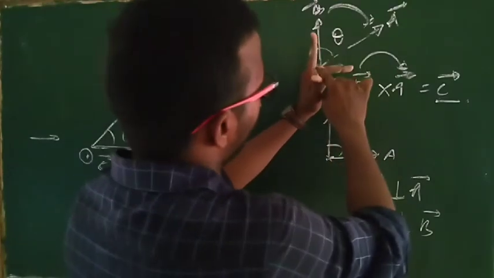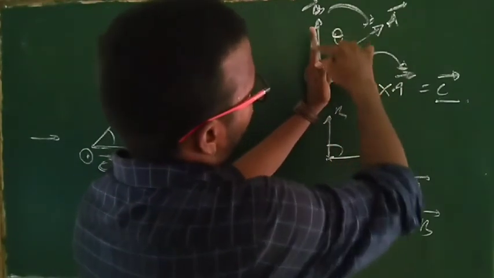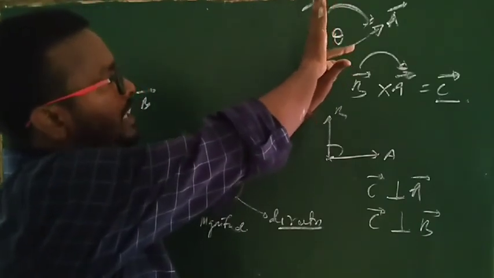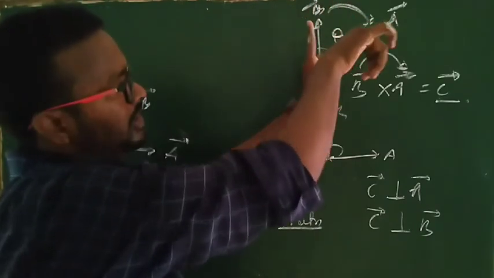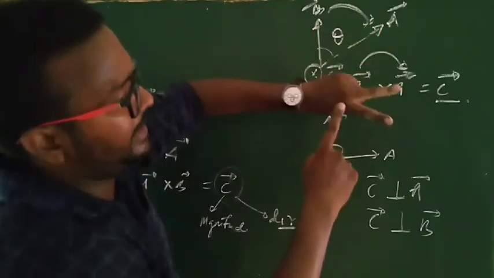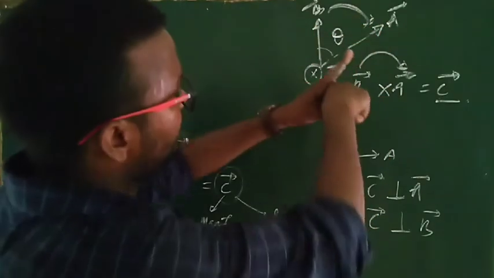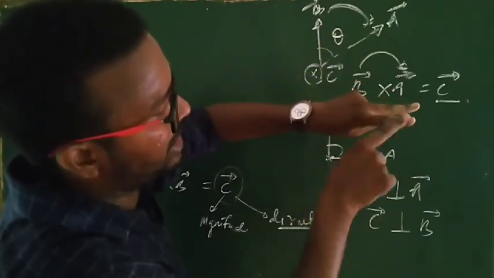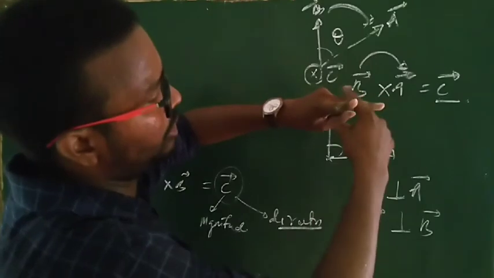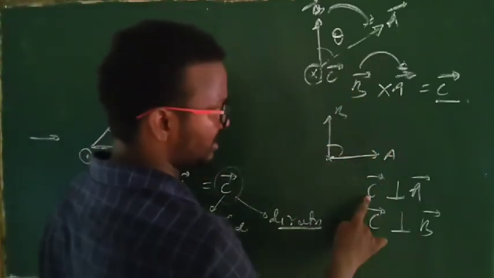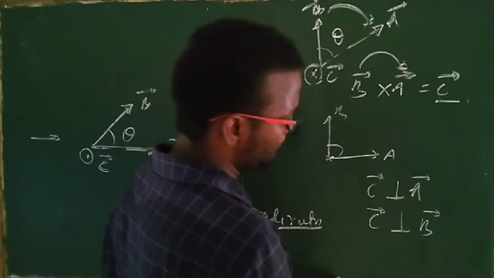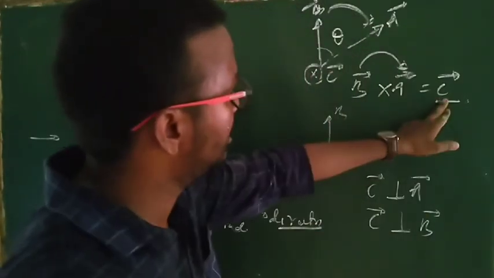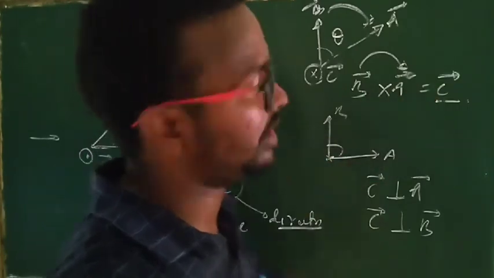Then using the right hand thumb rule, the thumb indicates the direction of the magnetic field, this direction, the inward direction. So this vector is always perpendicular to this vector, and so vector C is always perpendicular to A and to B. That means vector C is always perpendicular to both vector A and vector B.